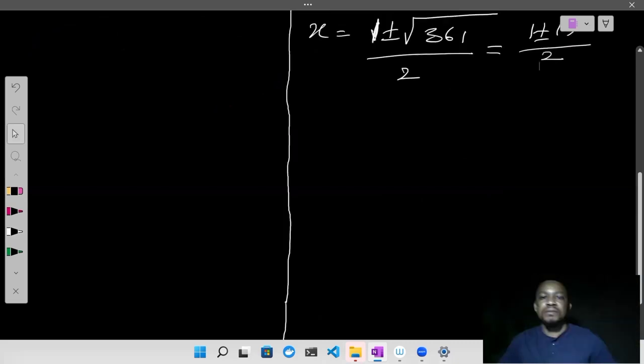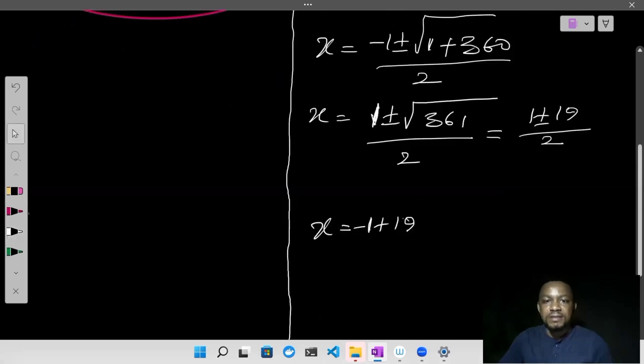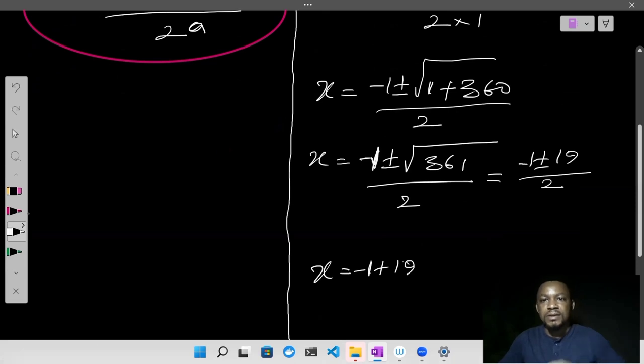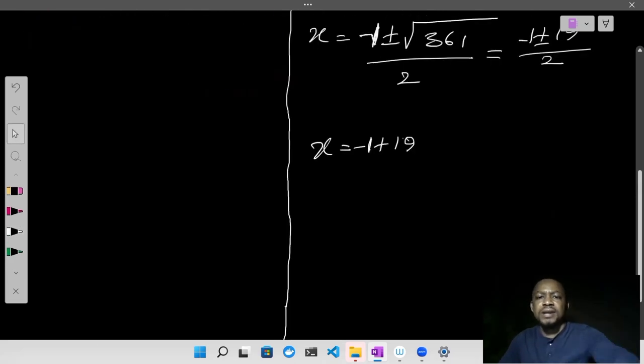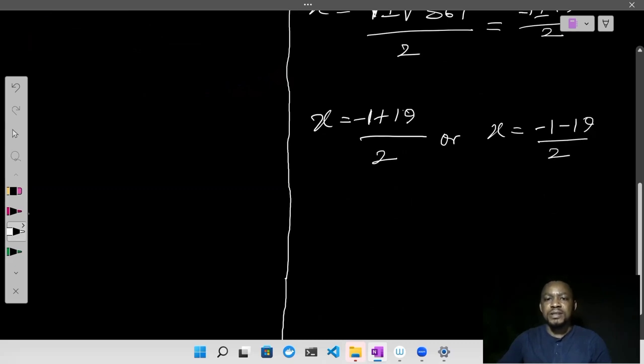So to solve, I can now confidently say that x equals minus 1 plus or minus 19. Sorry, I've been saying 1 all this while, so this is negative, guys. Negative 1, negative 1. All right, so we can now see that x is equal to negative 1 plus 19 all over 2, or x is equal to negative 1 minus 19 all over 2.